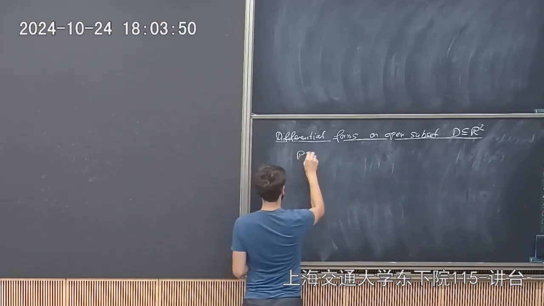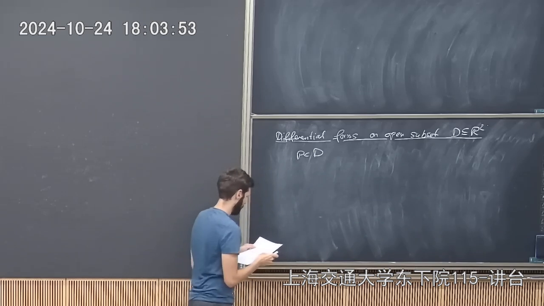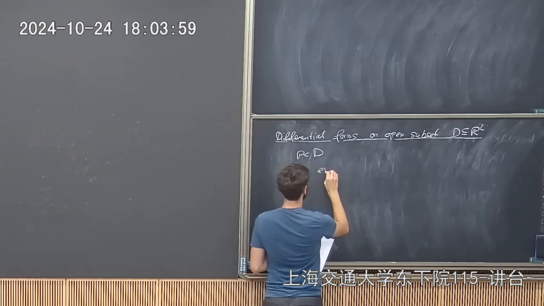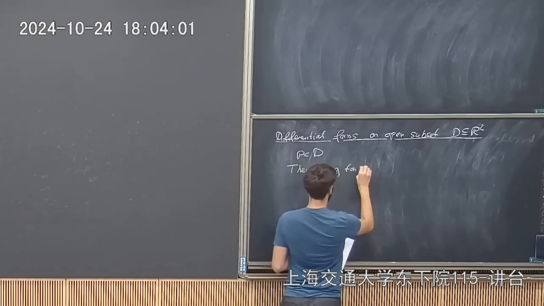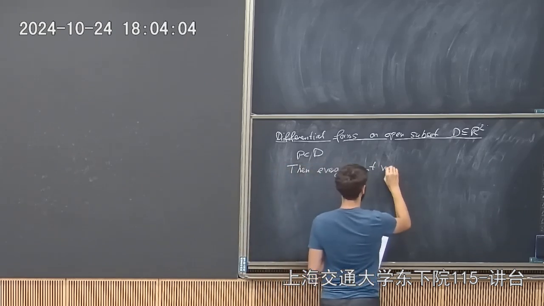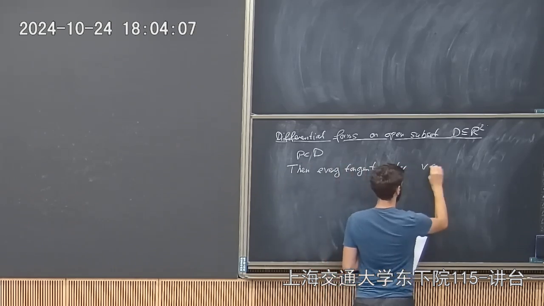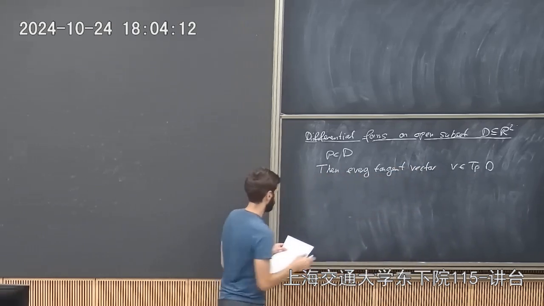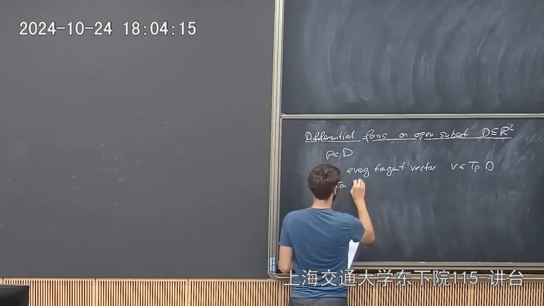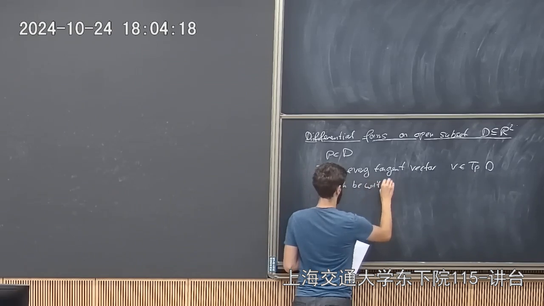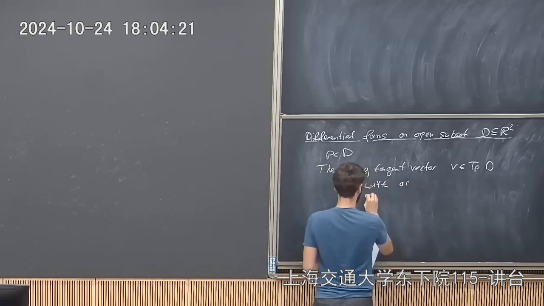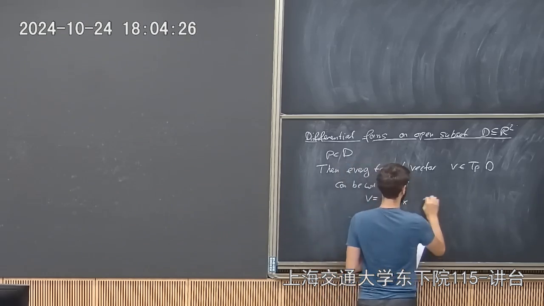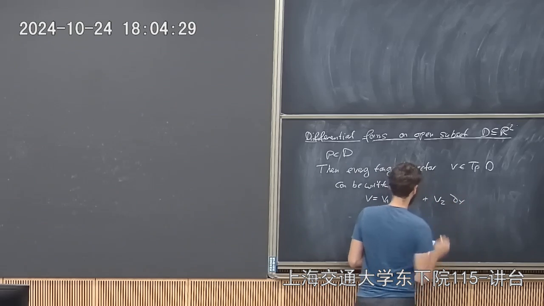We fix a point in the open subset, and we have seen last time that every tangent vector at that point is just given by two numbers, namely v equals v1 times dx plus v2 times dy.